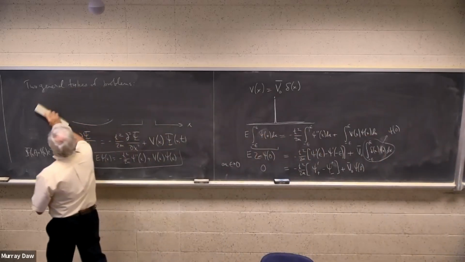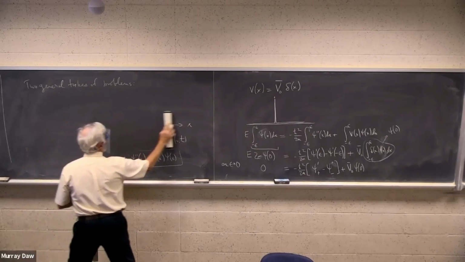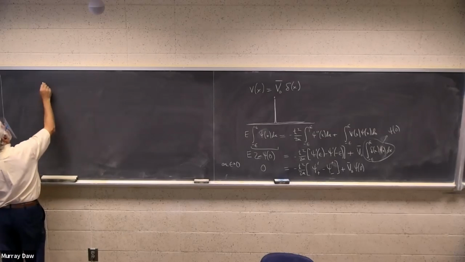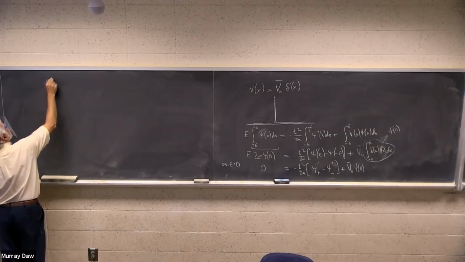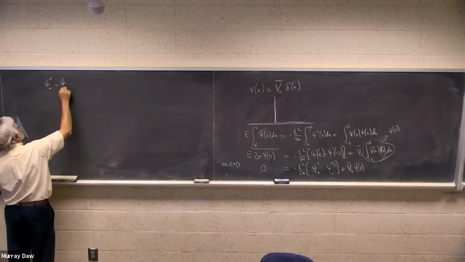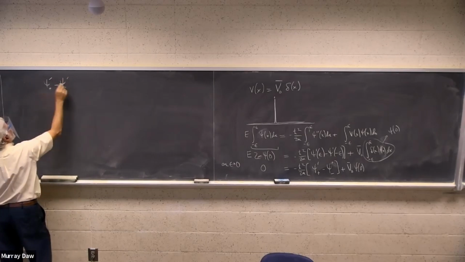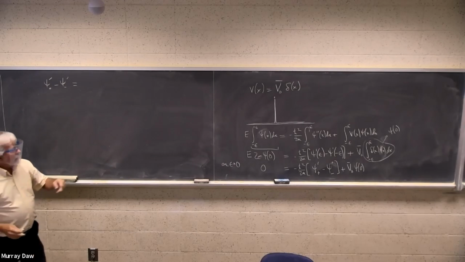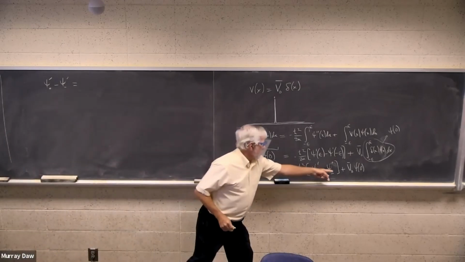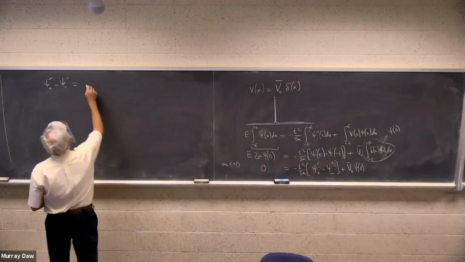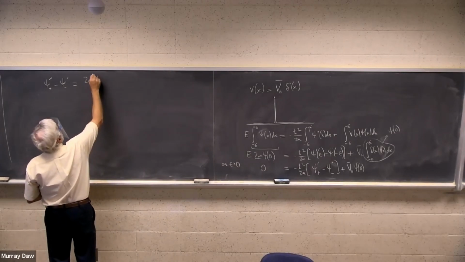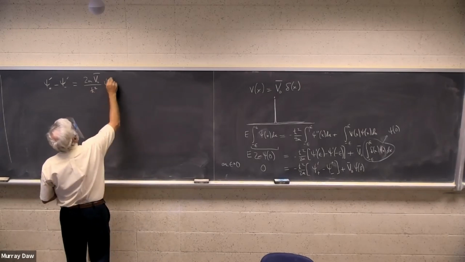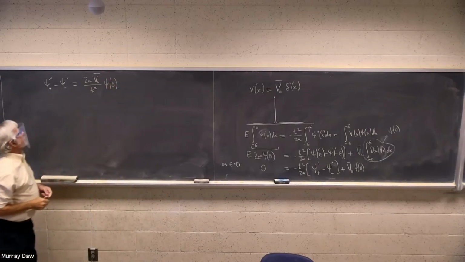Okay, so let's write that down over here. What we have then is that the slope on the right side is different than the slope on the left side. And the difference, the discontinuity in the slope, is proportional to the strength of that delta function. So we're going to write this down as 2m E naught bar over h bar squared times psi evaluated at 0.